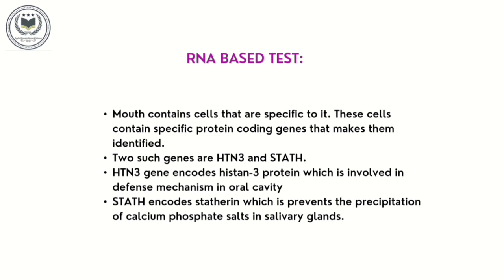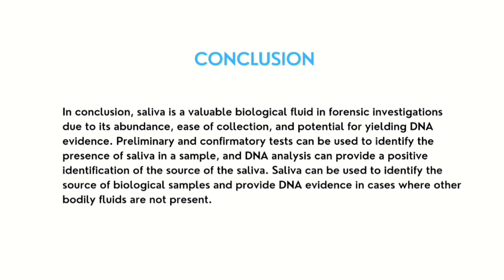There are two genes, HTN3 and STATH. These two genes encode special proteins: HTN3 encodes histatin 3 protein, which is involved in the defense mechanism in the oral cavity, and STATH encodes statherin, which prevents the precipitation of calcium phosphate salts in salivary glands. And here we discussed the whole set of tests for the identification of saliva.